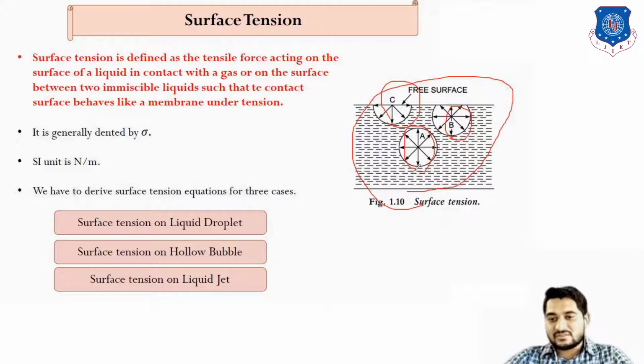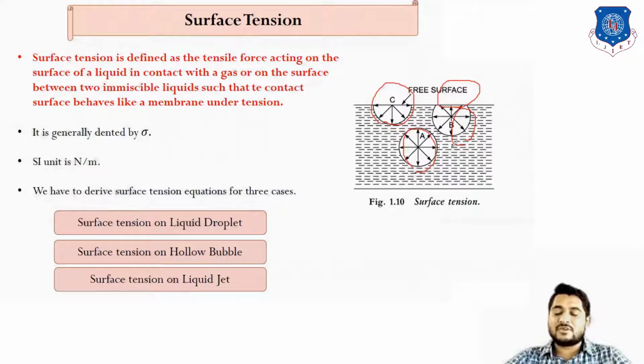That means, suppose for bubble A, there is no other medium here, only liquid around it. Bubble B will be in contact with liquid as well as air, and the same in bubble C. Both contact liquid and air. So basically, surface tension is the tensile force acting on the surface of the liquid when it is separated from another medium.